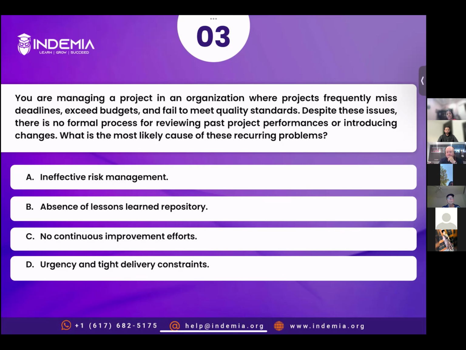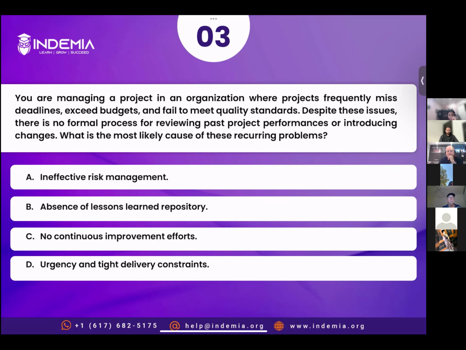So let's read the question. It says you're managing a project in an organization where projects frequently miss deadlines, exceed budgets, and fail to meet quality standards. So these are some of the issues regarding schedule, budget, and quality. Despite these issues, there is no formal process for reviewing past project performance.